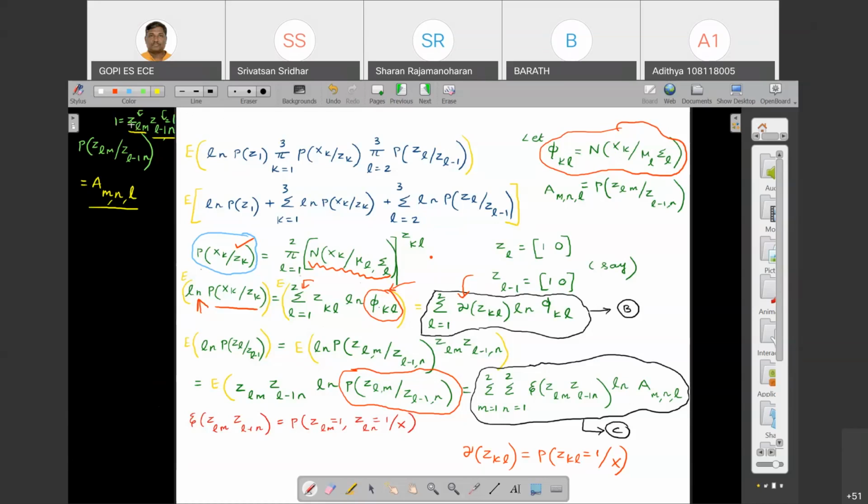In all other combinations, one of them is going to be 0, because we have only 4 choices: 0,0, 0,1, 1,0, 1,1. 4 choices are there. Only in one combination both are going to be 1. In that case, you will directly get that corresponding transition probability, right? The same trick, the trick is the same, right? So you are writing it as a product in this case.